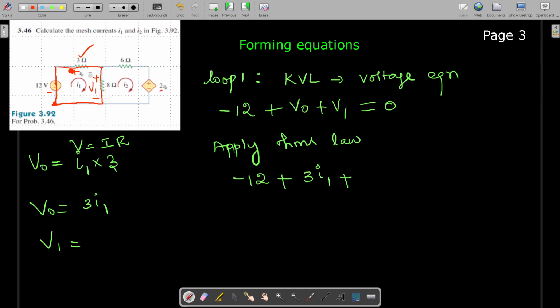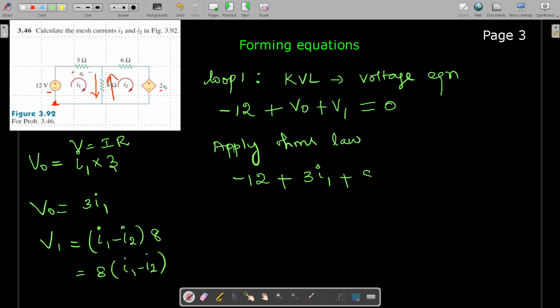So that I1 current is flowing downwards through this common resistor. At the same time, this I2 current is flowing upwards, so it is flowing in the opposite direction. So how to write this? That I1 minus that I2 multiplied by that resistance value 8. So it is 8 into I1 minus I2. Like this we need to write the equation for this V1.